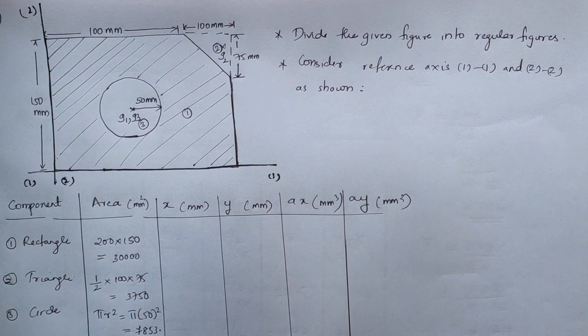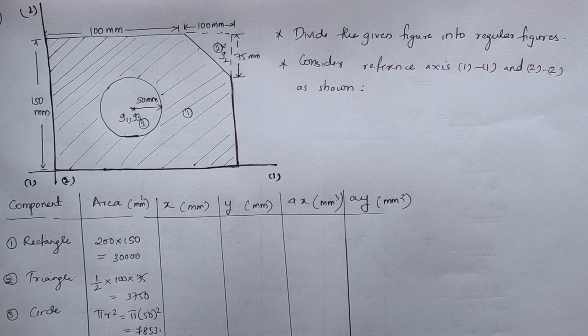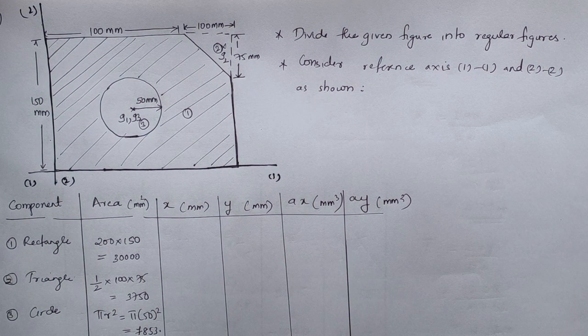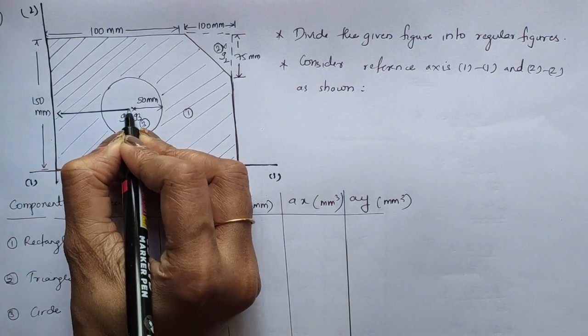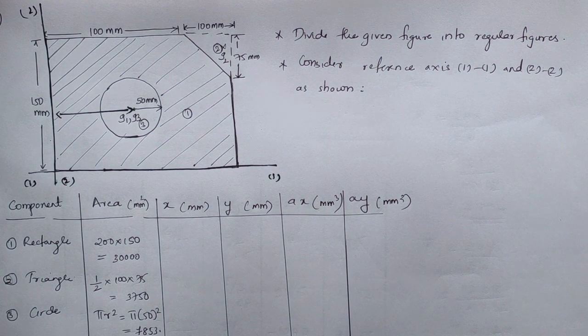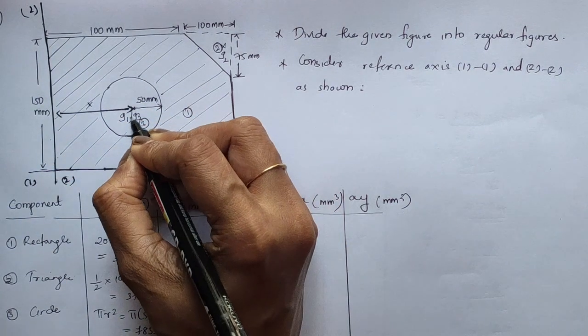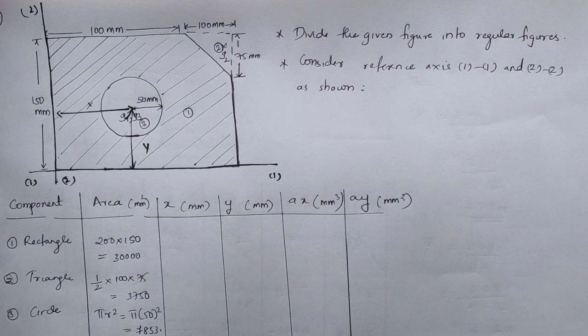Okay, now we need the x distances. Obviously, since the circle and rectangle centers are coinciding, the x and y distances for both of them are going to be the same. Okay, so the x distance for the circle and the rectangle from the reference axis, this will be the x distance, and the y distance for circle and rectangle with respect to the reference axis will be that.